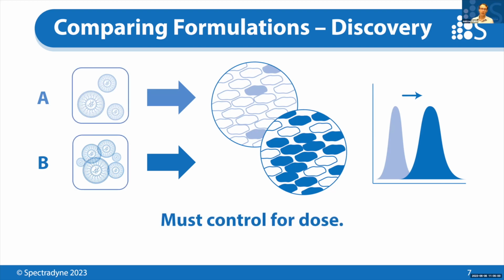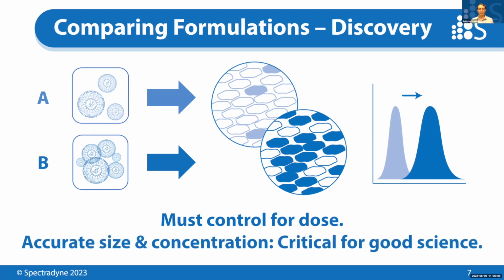It's critical that you put the same amounts of A and B onto the cells in order to compare them properly, right? So accurate size and concentration are critical for doing good science of nanoparticle-based therapeutics or new biological discoveries.